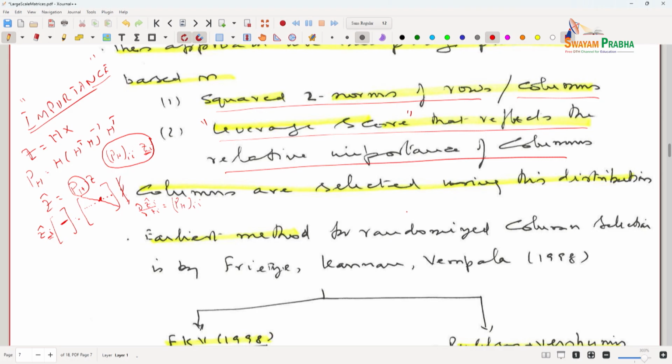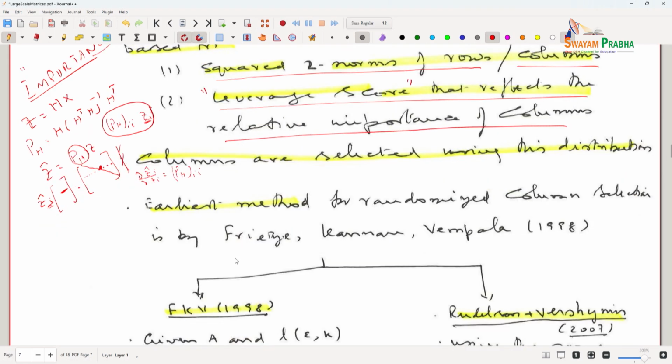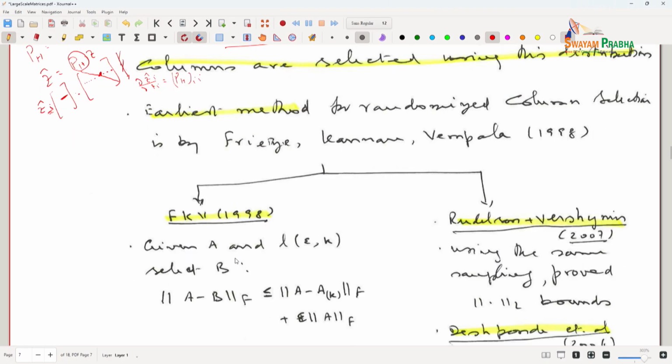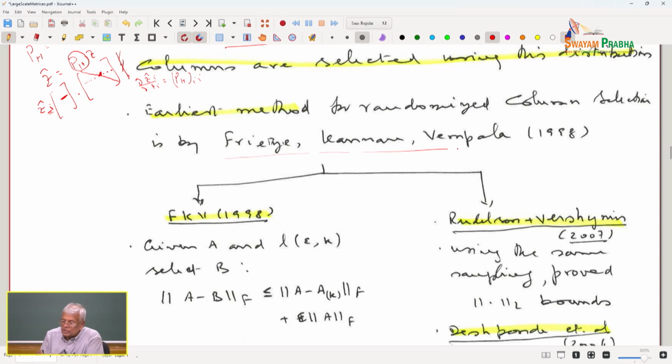So, using these 2 methods, we have a sampling procedure for picking the columns of A. The earliest method for randomized column selection is due to Frieze, Kannan and Vempala, 1998. 1998, compared to the analysis of linear algebra, is almost like yesterday.